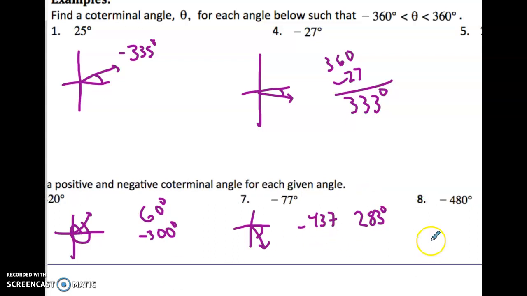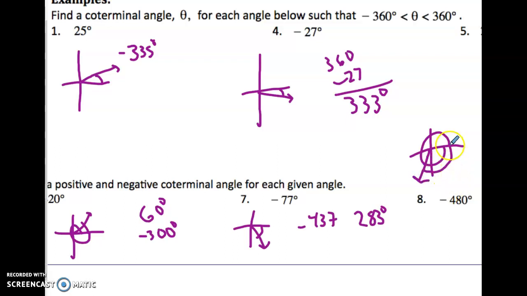Number 8, negative 480 degrees. Again, I like to draw a picture because that just doesn't make sense in my brain. So negative 480 would be negative 360 plus another 120. So there's another 90 and add another 30 to that. So it would be right there.